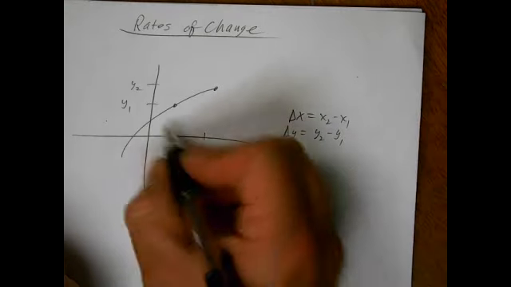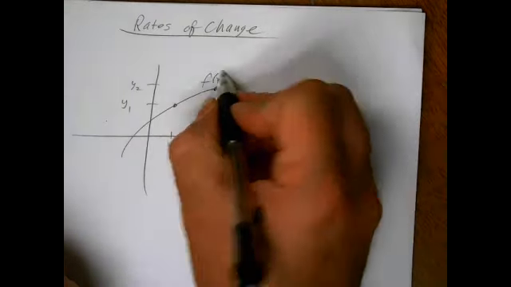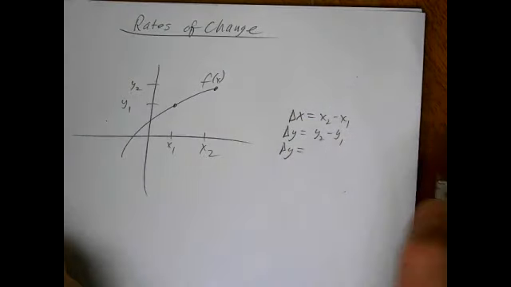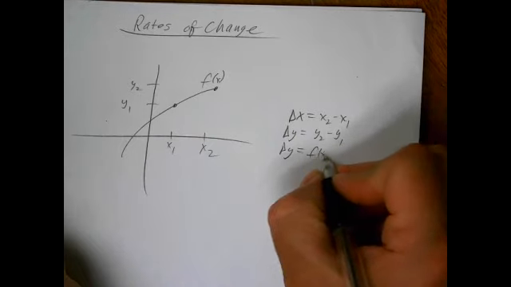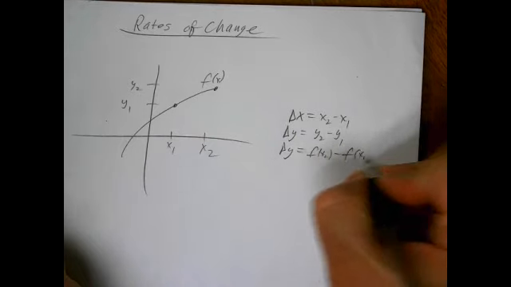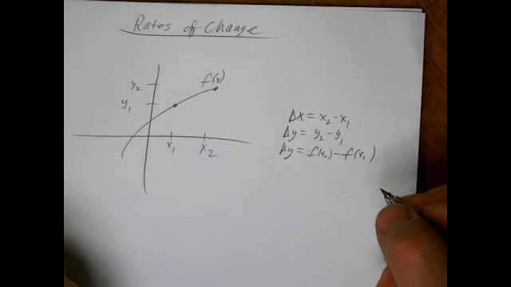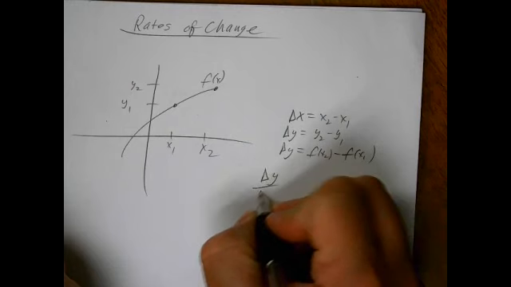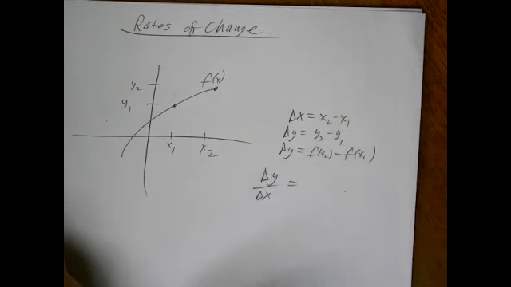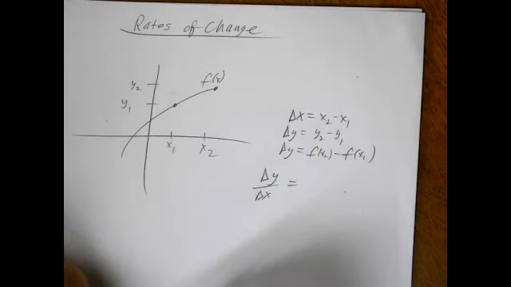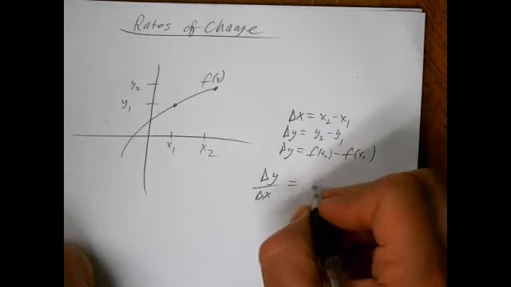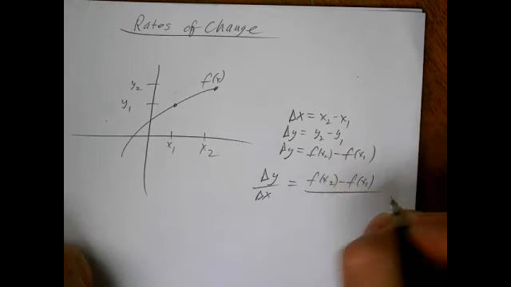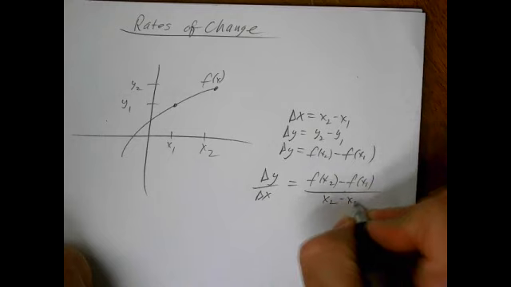Now, of course, if this curve is being defined by a function f of x, then delta y, change in y, is also f of x2 minus f of x1. Therefore, our difference quotient, which is delta y over delta x, which, if you recall, is how you defined slope many years ago, would be f of x sub 2 minus f of x sub 1 over x2 minus x1.